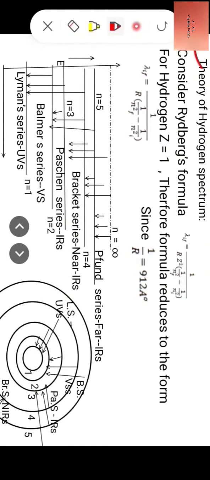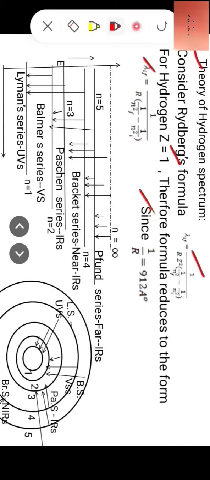Now, theory of hydrogen spectrum. Consider Rydberg's formula. Lambda IF is equal to 1 by R Z square into 1 by nf square minus 1 by ni square, bracket closed. For hydrogen, Z is equal to 1. Therefore, the formula reduces to lambda IF is equal to 1 by R into bracket 1 by nf square minus 1 by ni square, bracket closed.